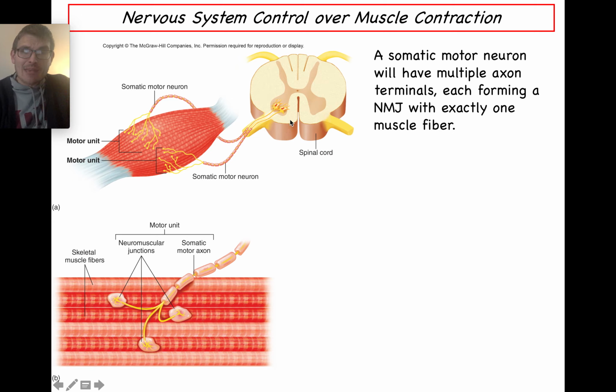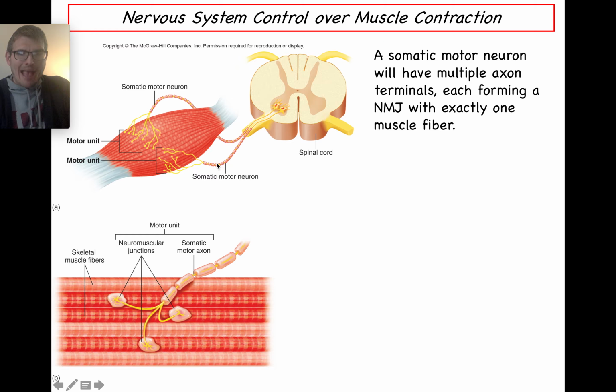So take a look at this picture right here on top. You're seeing a section of the spinal cord with a pair of spinal nerves protruding out on either side. Look down here on the right side of that section of the spinal cord in the gray matter in the ventral horn. What you're seeing there are two cell bodies of two somatic motor neurons. So very quickly, let's follow the axon of this somatic motor neuron right here, the one that's on the bottom there. If we follow that axon, everything looks normal so far.